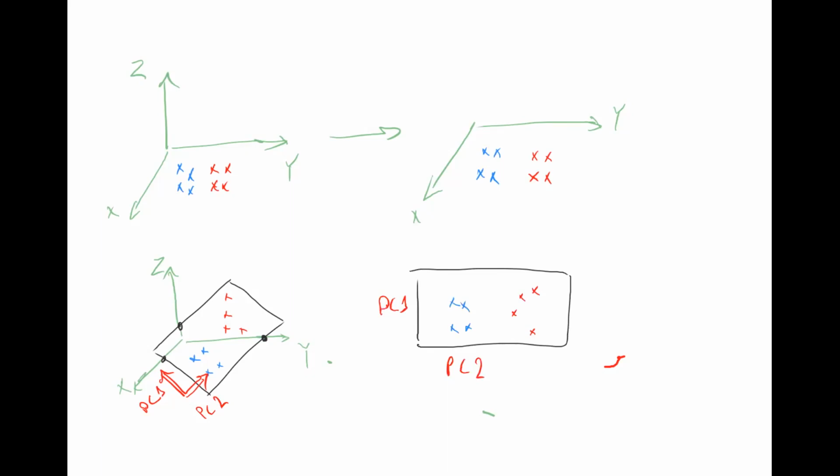So I show all of the variation in the locations with just two new dimensions. They are not X and Y or Z. So this is the goal of principal component analysis. You reduce the number of dimensions, and also you don't want to lose information. You want to show all of the variations in the locations.